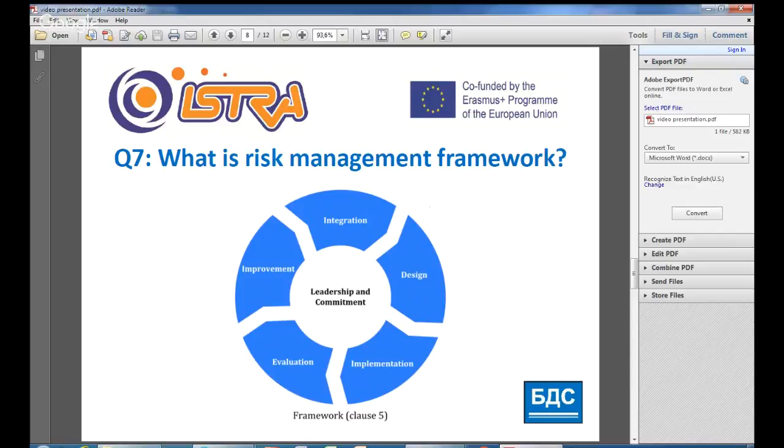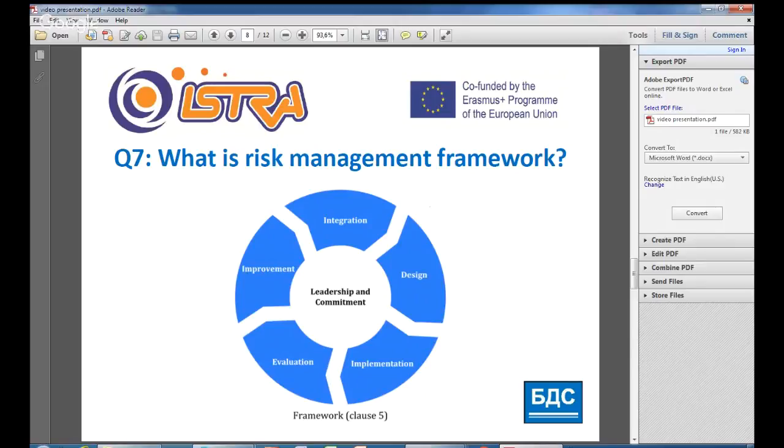When designing the risk management framework, the top management clearly states the following commitments and objectives to risk management through a policy or a statement. The links between the organization's objectives and policies and the risk management policy.